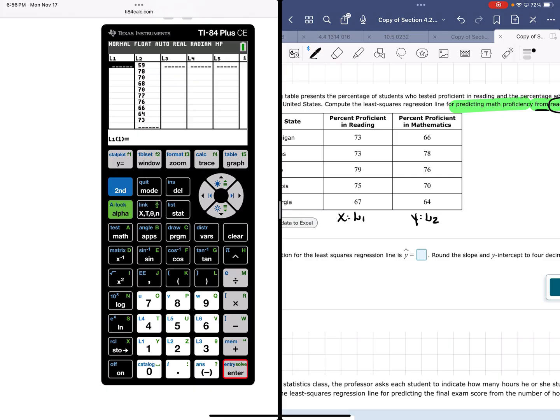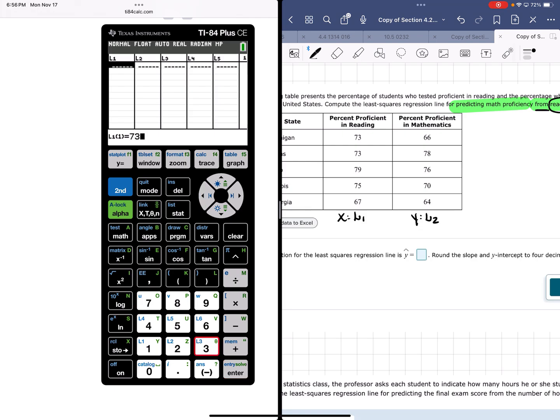Delete will take the whole L1 column away, and it won't exist anymore. You would have to hook it to another calculator and transfer L1 back over to that calculator. But you may not have to anymore. Surely they've come up with something better.